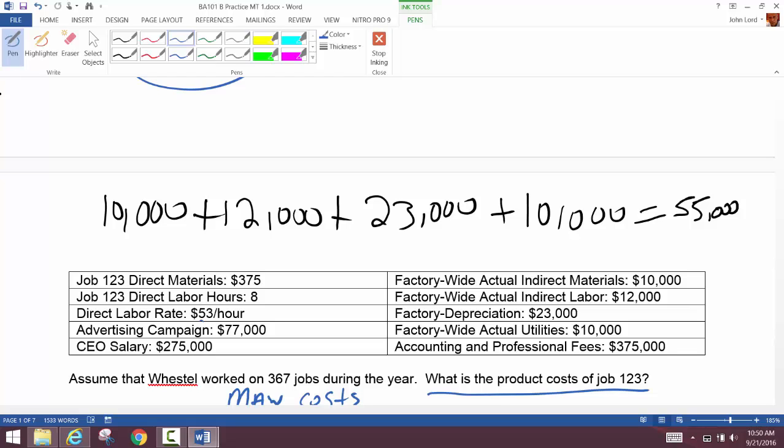That's on my actual side. That's my debit side. And then I have my applied side, right? Okay, so who wants to give me the journal entry for the actual indirect materials? Debit, what?